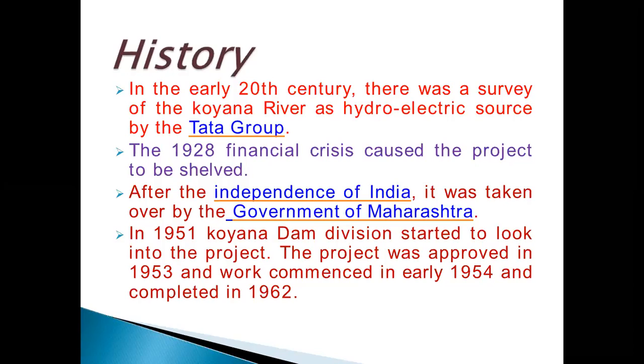So the project proposal was started early, from 1928, but the actual dam construction was completed in the year 1962. So from 1951 to 1962, meaning 11 years, was the overall project construction phase.